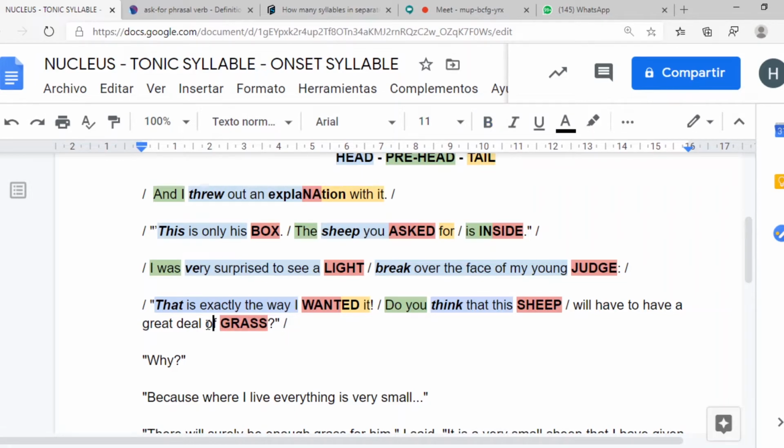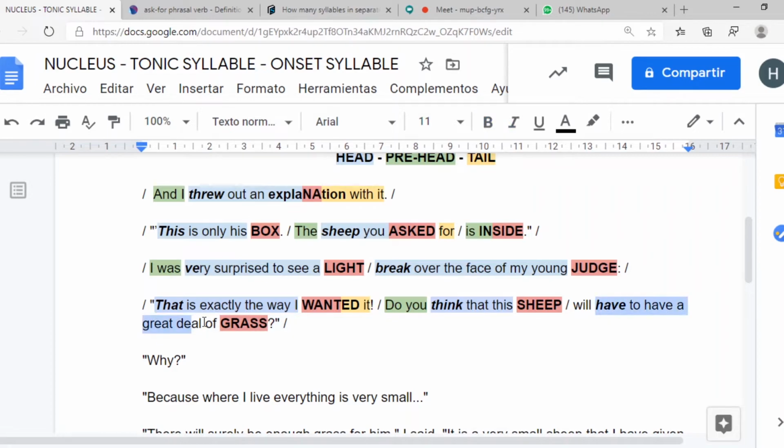From the tonic syllable up to the first stressed syllable, which is have, okay, because this is have to as a modal. Okay, have to is stressed as a modal, so this will be your onset syllable.